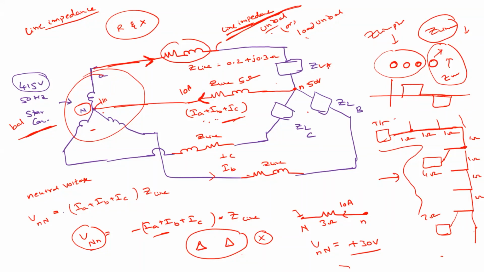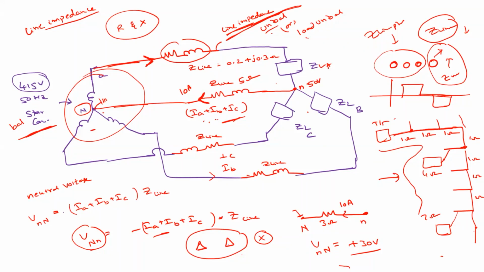When you are giving power to individual houses, we need to balance the loads. Some of the houses will go to A phase, some to B phase, and some to C phase, right?